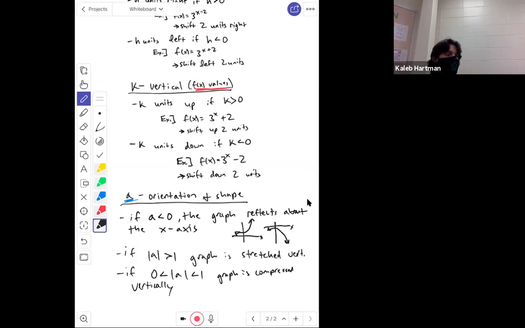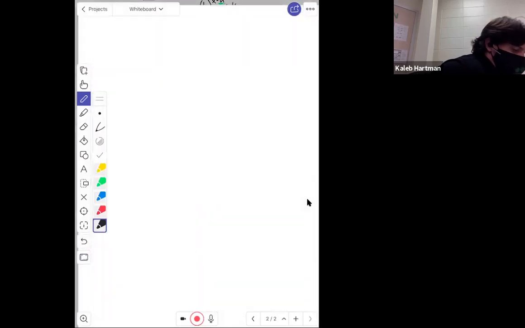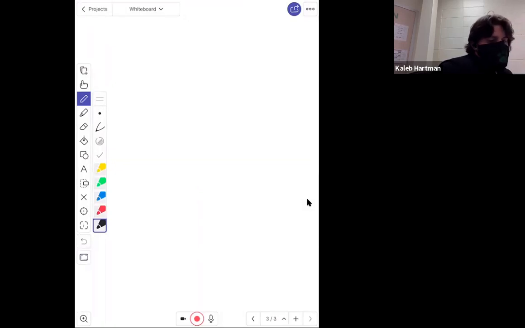So the best way to address these, obviously we have these vertical and horizontal shifts that are pretty clear. A is a little more iffy probably. So let's just look at some examples then. I think I got 2 more examples for us here.